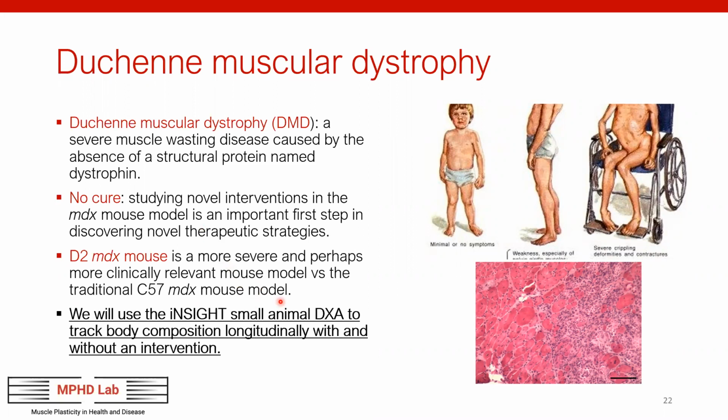And we are using the iNSiGHT small animal DEXA to track body composition longitudinally, again, because it's nice and easy to do that with this system, with and without an intervention. So we're treating the MDX mice with a drug. I don't have that data because we just started the treatment. So what I'll be presenting are the baseline data that Sebastian collected for us a couple of days ago.